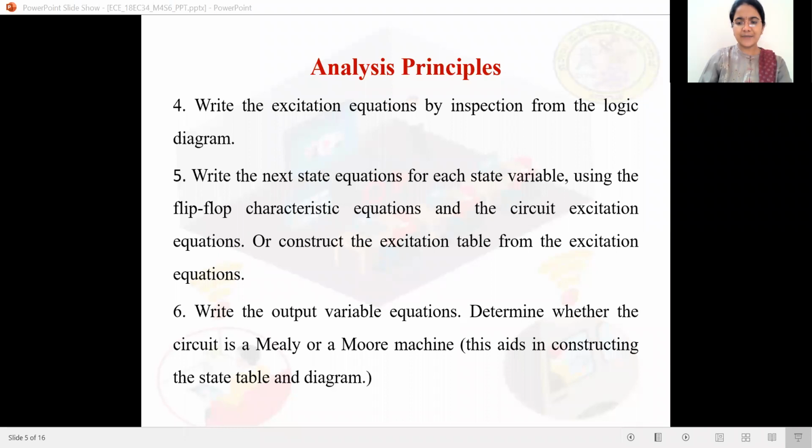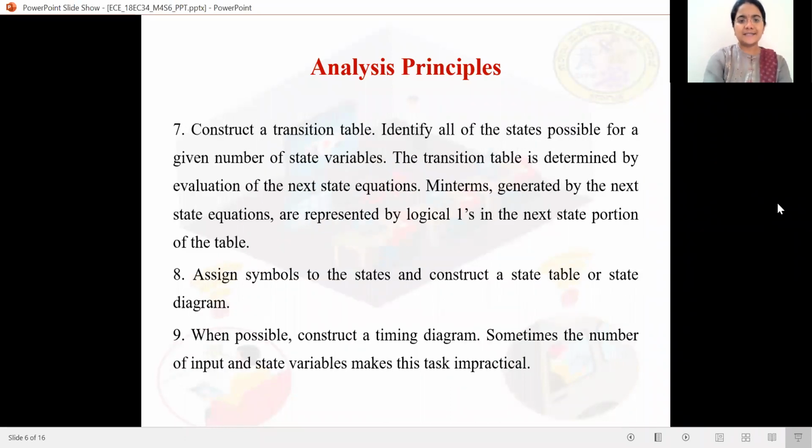And the next step is to construct the transition table: identify all of the states possible for a given number of state variables. If you have 2 flip-flops, you will have 2 state variables.